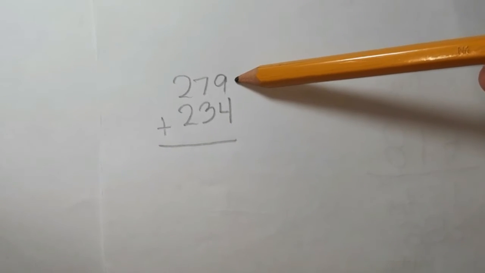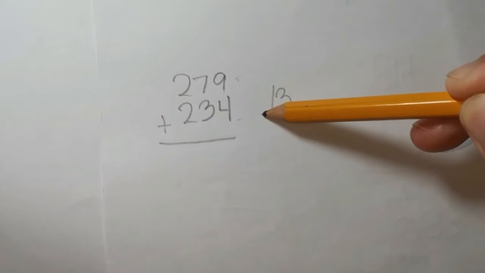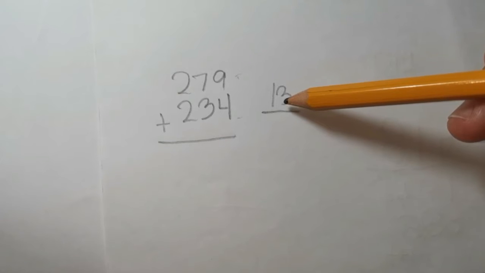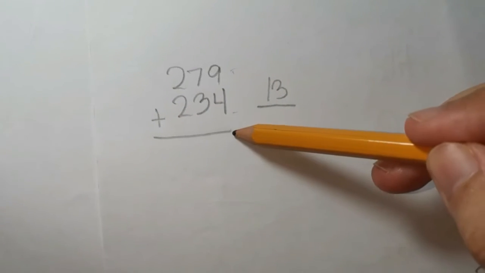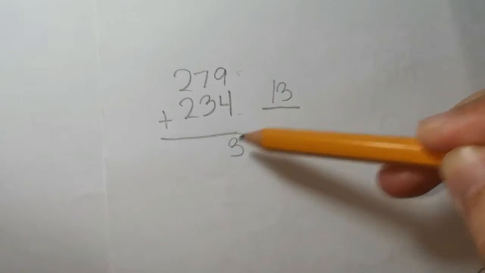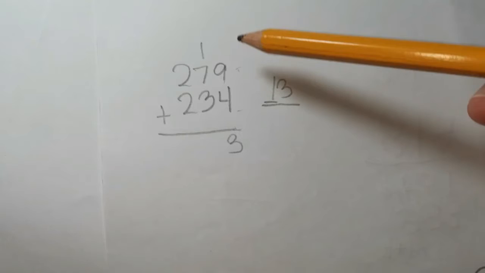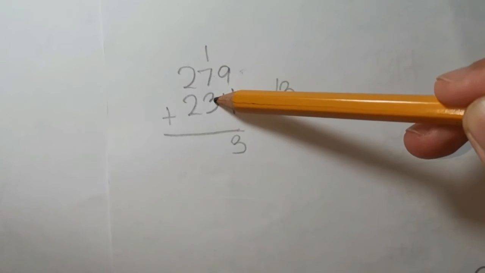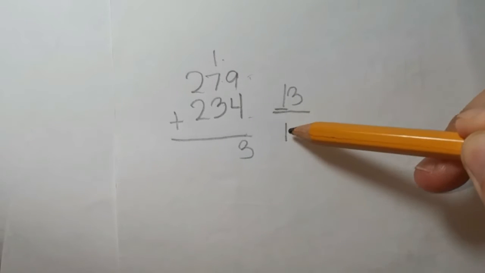So 9 plus 4 equals 13. Since we cannot put two digits in the ones place, we will put 3 and we will regroup 1 at the tens place. So 7 plus 3 equals 10, plus 1 equals 11.